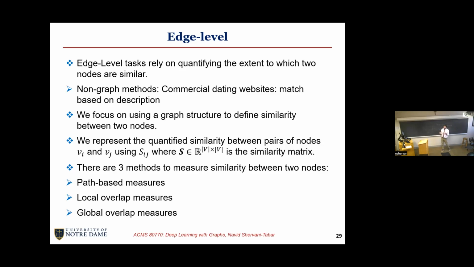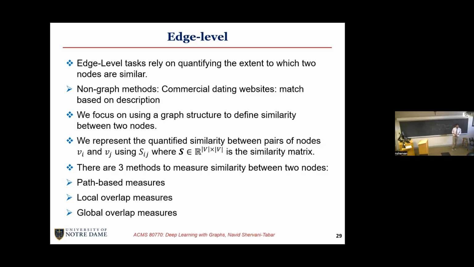It is going to be an n by n matrix, where each element shows the similarity between the corresponding nodes. So let's say I have a matrix S; Sij represents the similarity between nodes Vi and Vj. That's the general idea with edge level tasks. We want to define a method to find this similarity matrix.